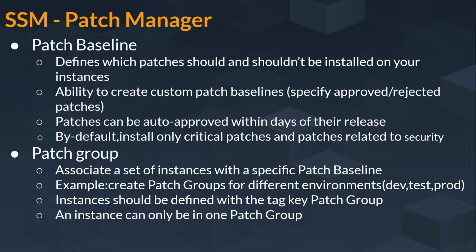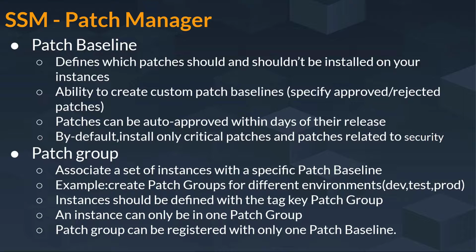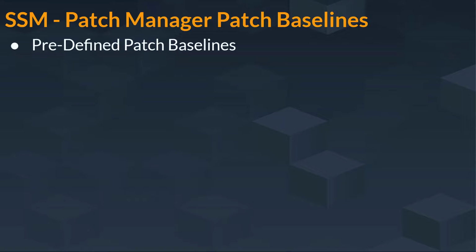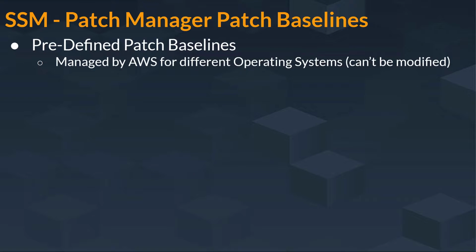An instance can only be in one patch group if it is running with SSM, and a patch group can be registered with only one patch baseline. There are also predefined patch baselines managed by AWS for different operating systems, and they can't be modified.